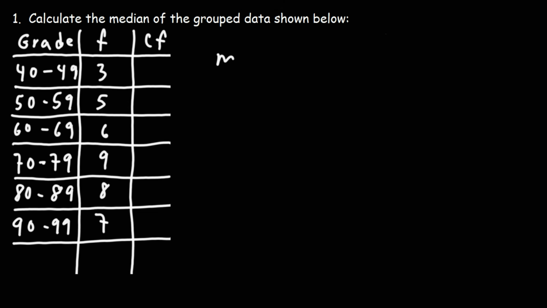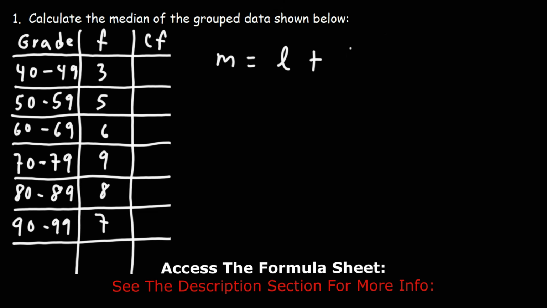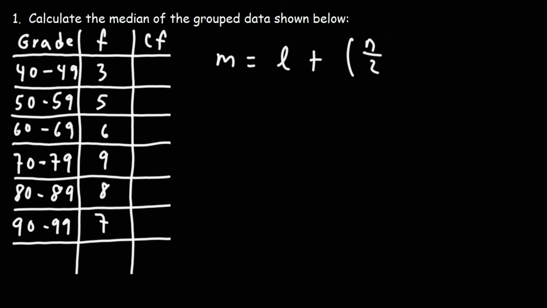Now, the formula that we need to calculate the median is L plus h over f times n over 2 minus C. L represents the lower boundary of the median class. N is basically the sum of all the frequencies, the total frequency.